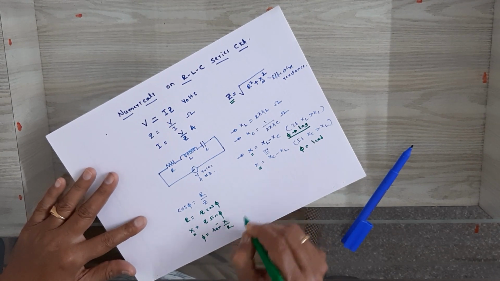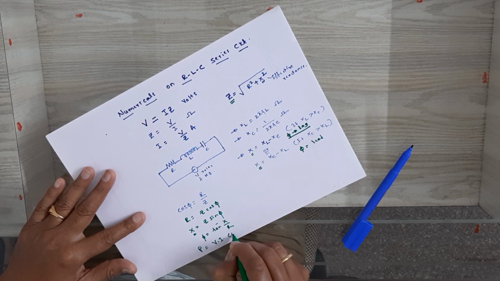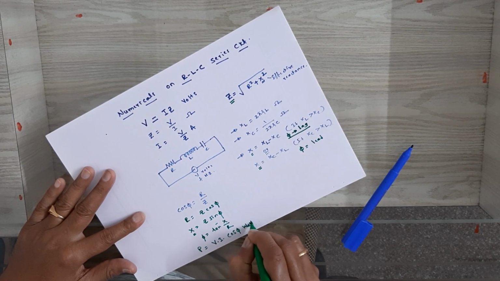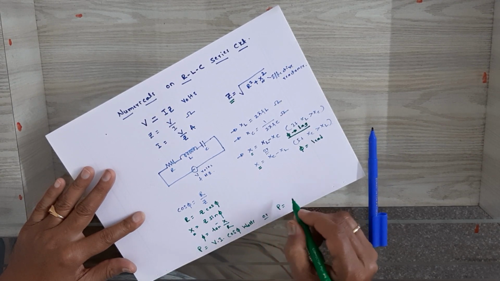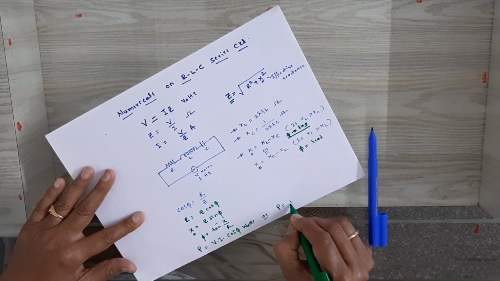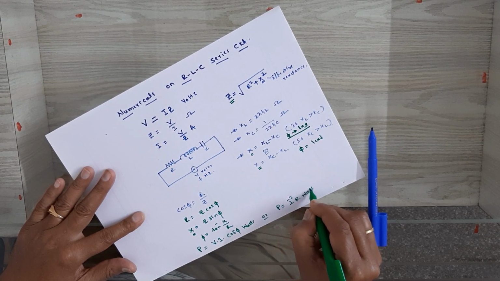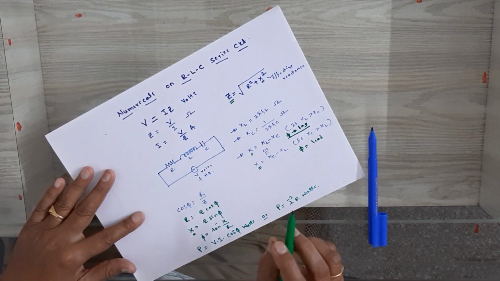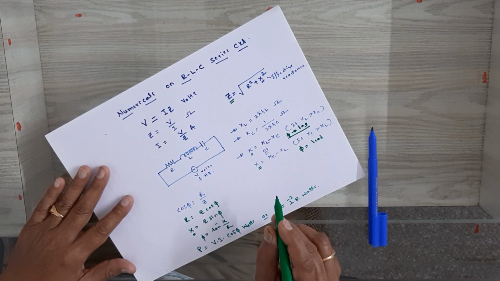Then for the power, P is equal to V into I into cos phi, so many watts, or P is equal to I square into R watts. These formulas are similar to the RL series circuit and RC series circuit.